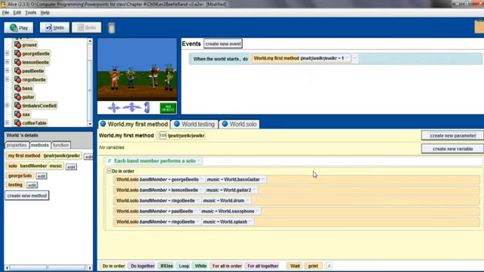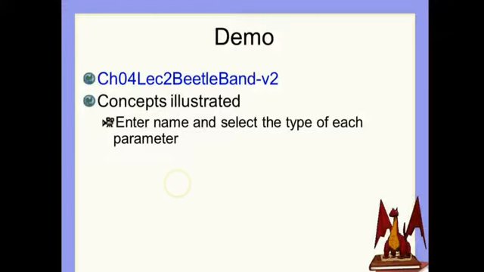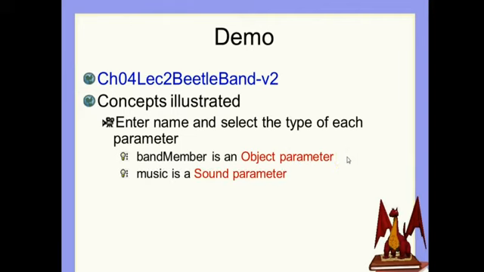But just realize that we're having a general thing that we can dump specific information into, and that's the idea behind a parameter. Okay, so the deal is we just watched another version, and we saw that you could enter a name and select the type of each parameter. The band member was an object parameter because I was putting people into it, things into it, and music was a sound parameter.